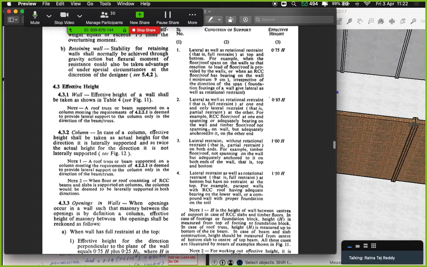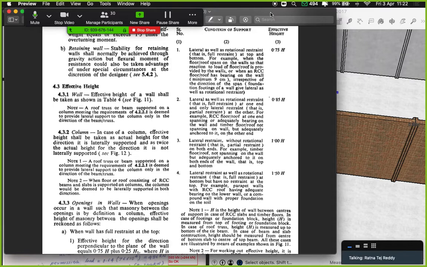So in table 4, since both the sides of the wall are restrained, it has been mentioned that the top is RC slab. When they mention anything other than RC slab, maybe if it's a truss roof, maybe you have a different kind of restraint system over there. Since it's an RC slab, it's a fully restrained setting over there, both rotational and lateral. There is no movement, so it's completely restrained.